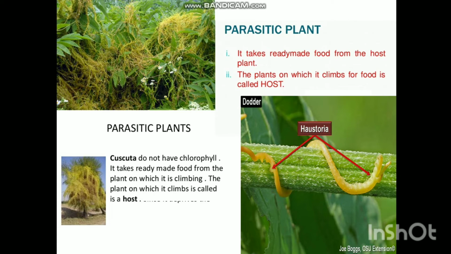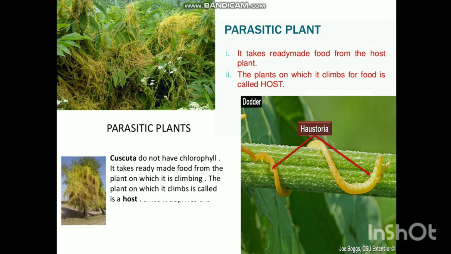Observe the first picture carefully. What did you see? Cuscuta has a yellow wire-like stem. It is a leafless plant. Thus, Cuscuta cannot perform the process of photosynthesis. That's why it takes ready-made food from the plant on which it is climbing.